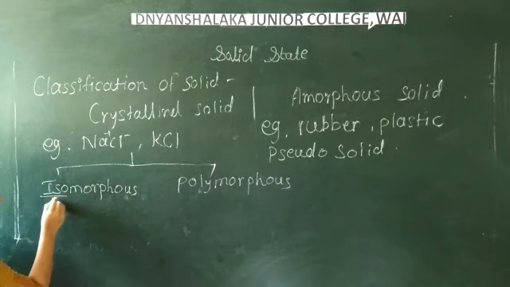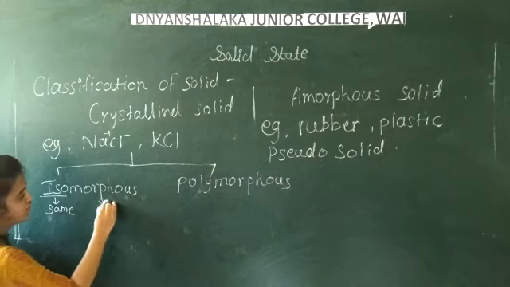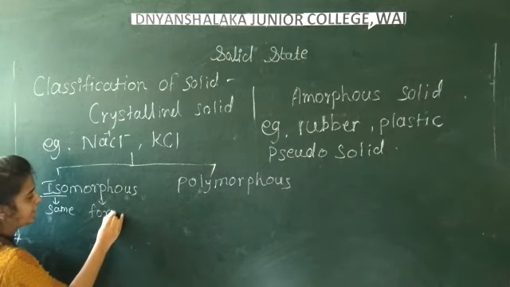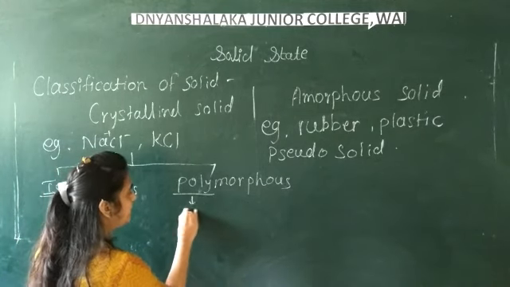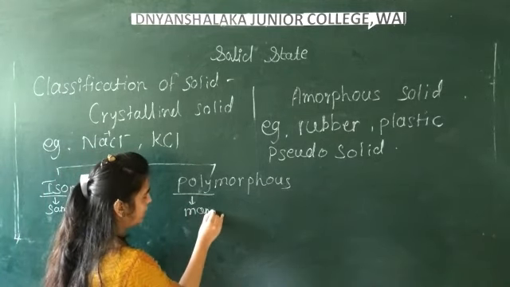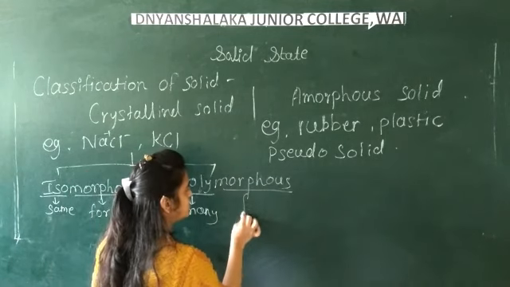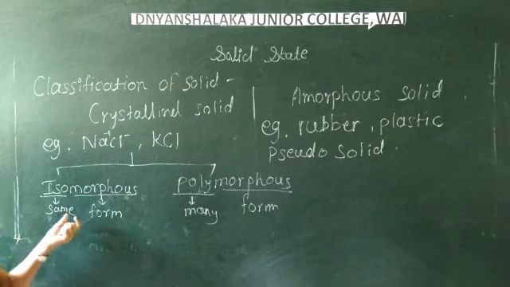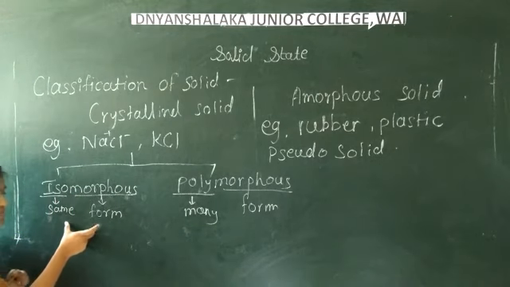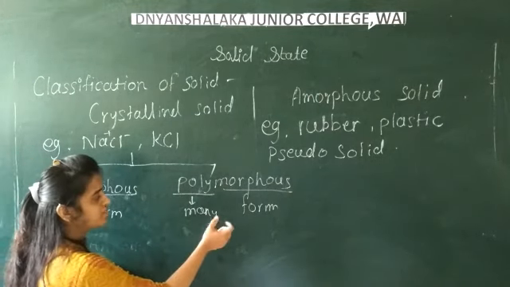Iso means same and morphous means form. Poly means many and morphous means form. So isomorphous means same form and polymorphous means many forms.